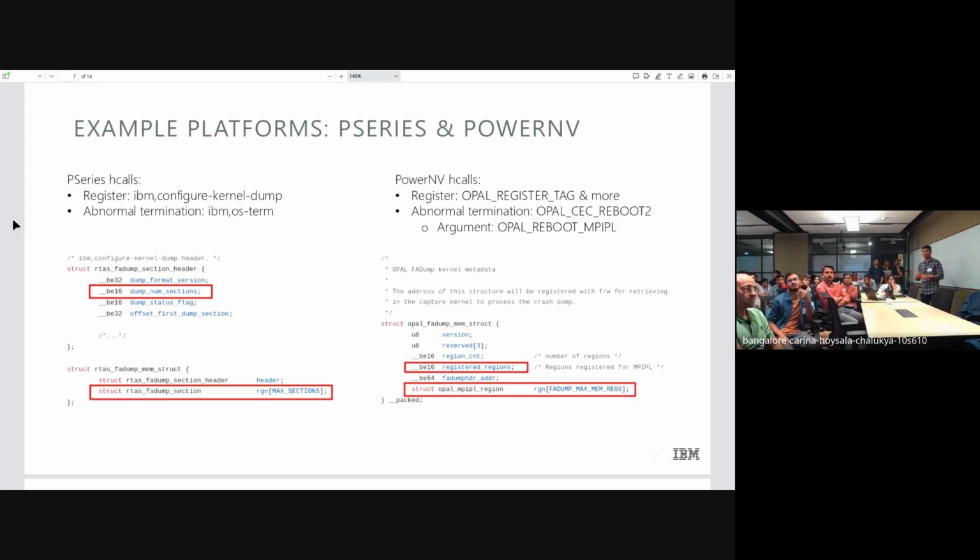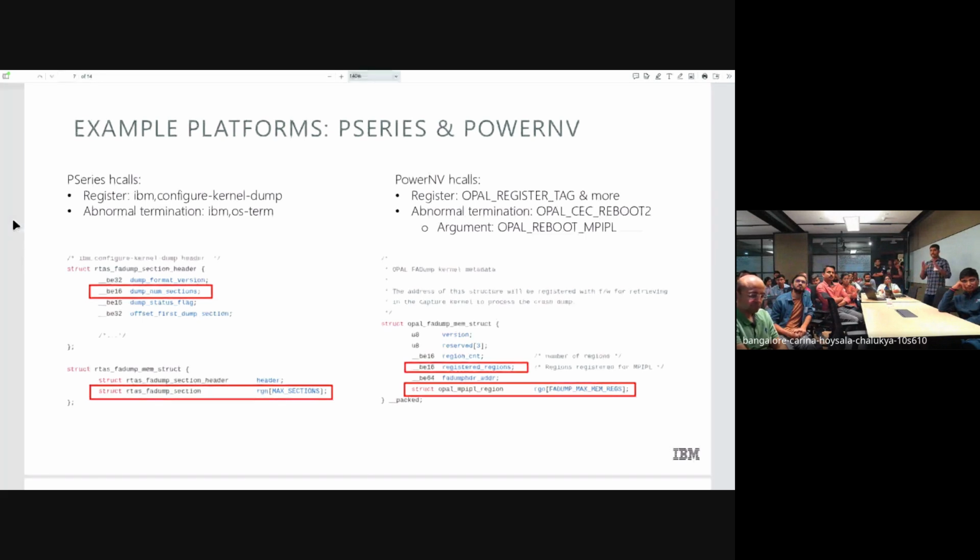And for abnormal termination, what we are doing in Power NV is, let's say you don't want to introduce a new H call itself. So that is what Power NV does. It reuses the existing reboot H call, but it gives a special flag to the H call that it's an MPIPL reboot. MPIPL here is memory preserving IPL, memory preserving initial program load.